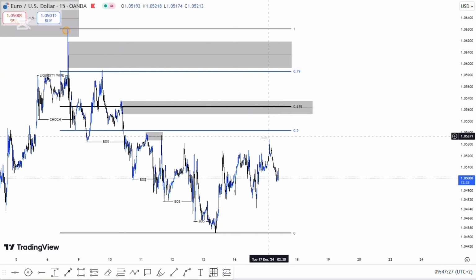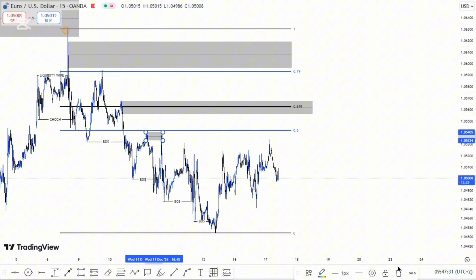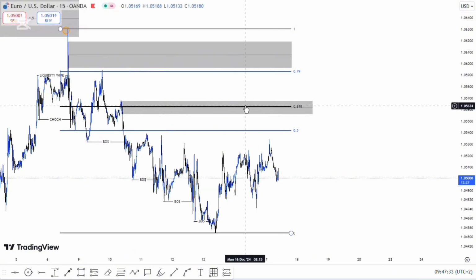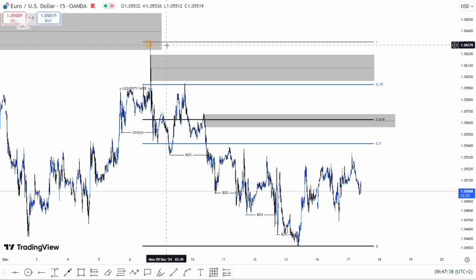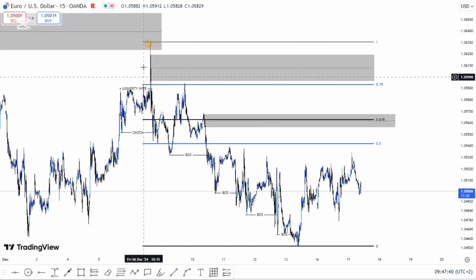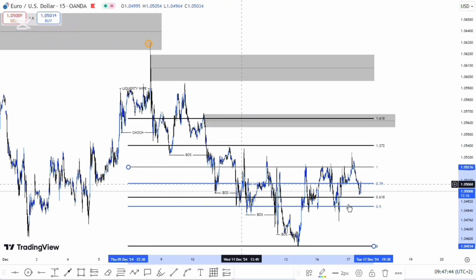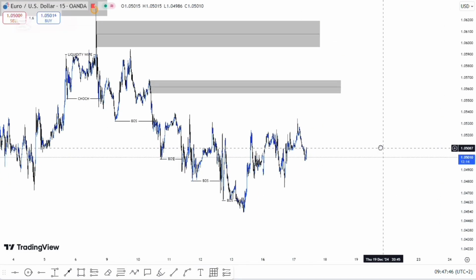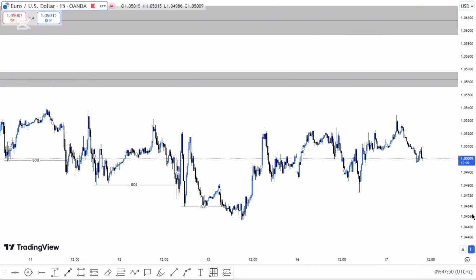As you can see, any level that is below 0.5 is not valid to me. I'll take that as a no. And my origin should be above 0.79. Also in an uptrend, it is also vice versa. I need to see an origin below 0.79.